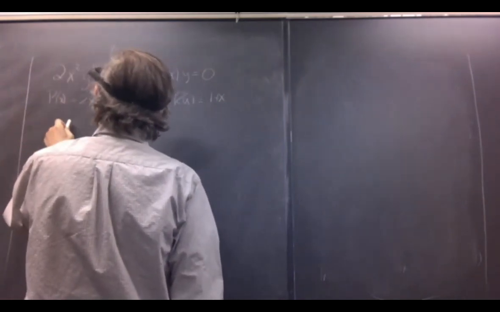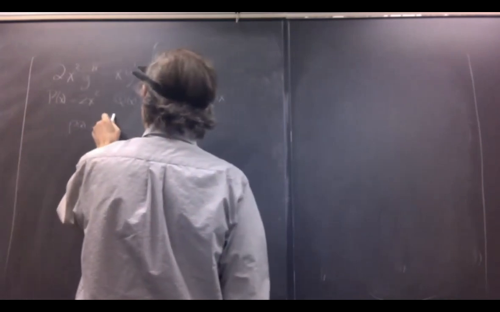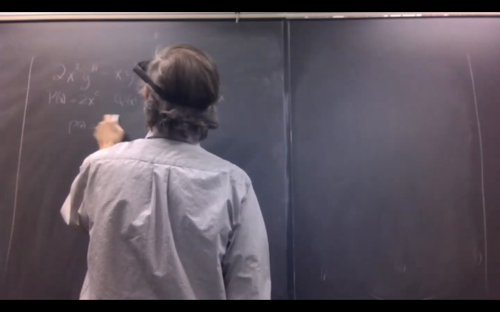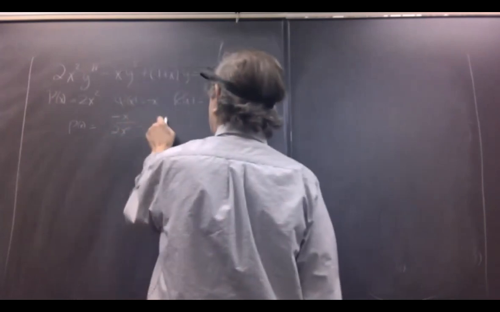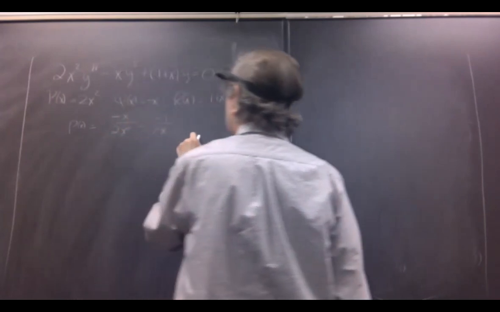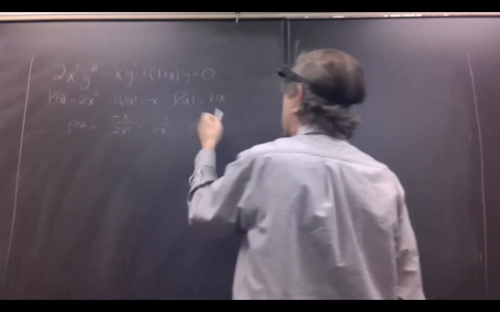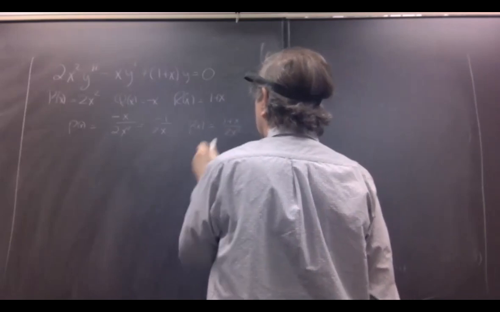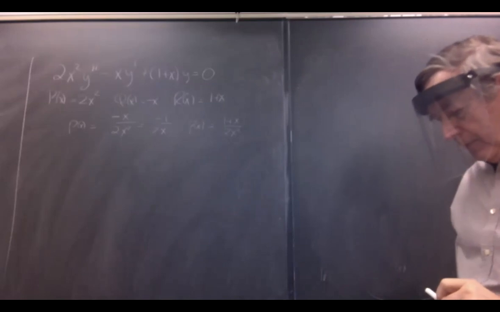So if we did that, the little p of x will be in this particular case minus x over 2x squared, which will simplify to minus 1 over 2x. The q of x will be 1 plus x over 2x squared. And that's kind of what we've done in the past.